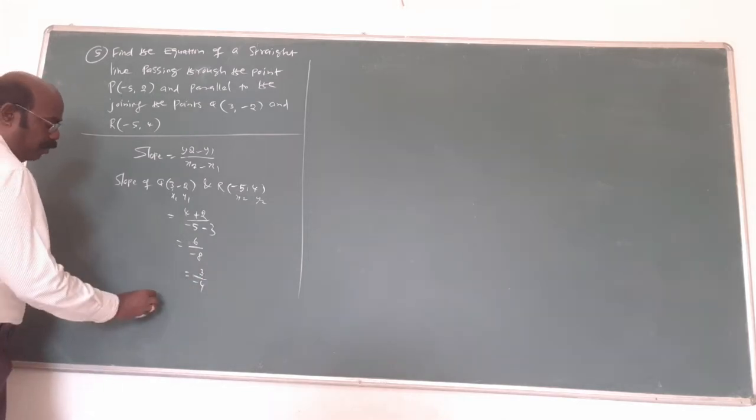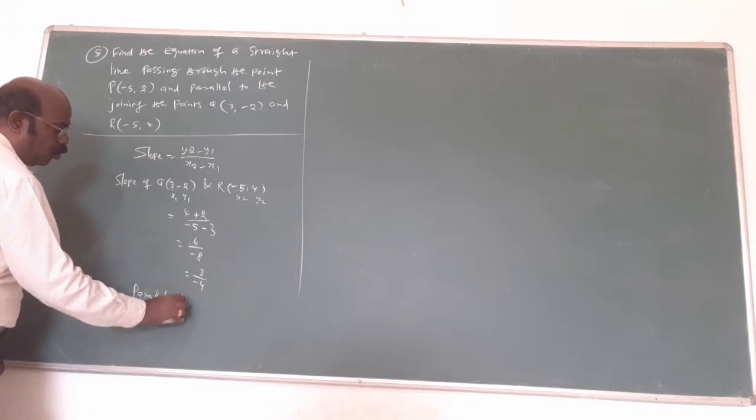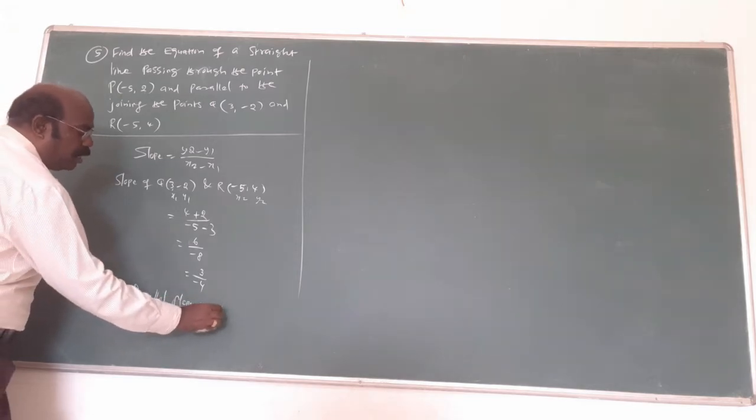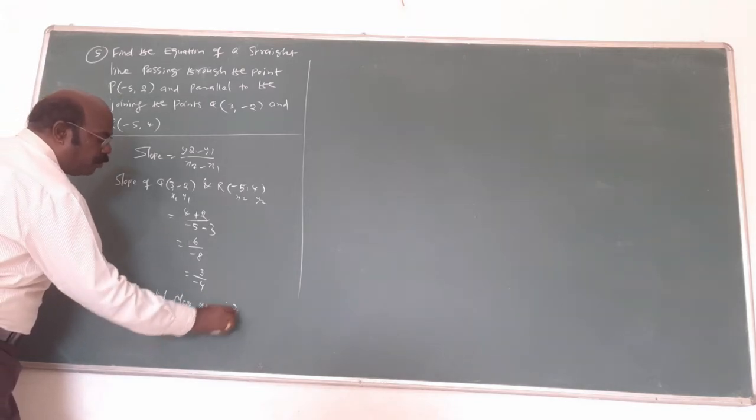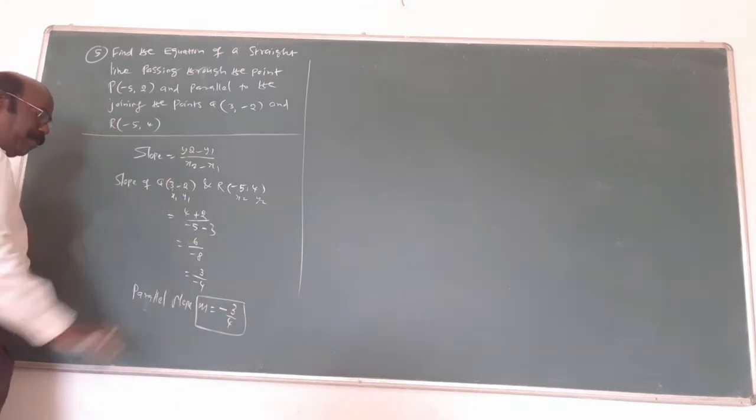Okay? Therefore, this is not the parallel slope yet. The parallel slope is m equal to minus 3 by 4.